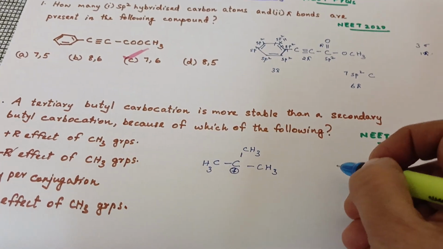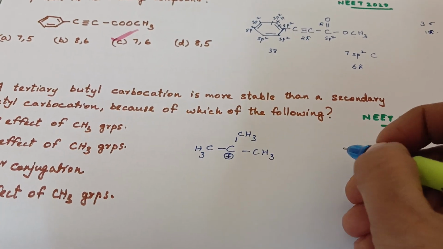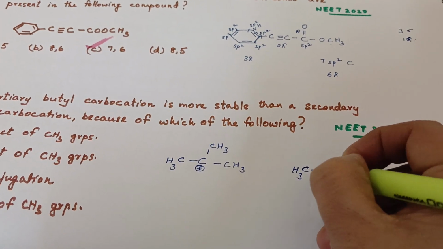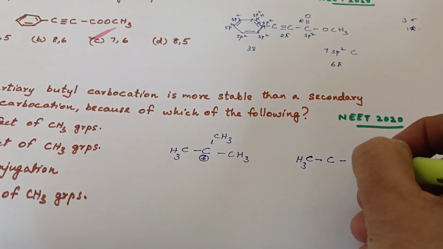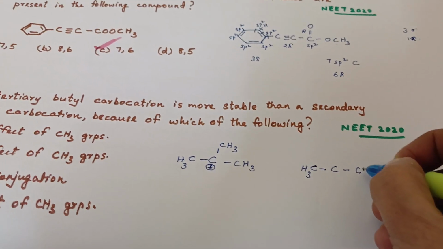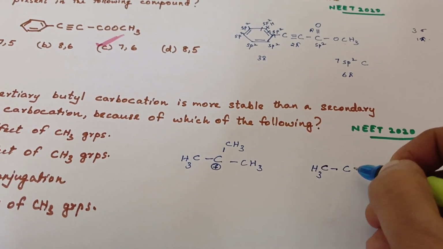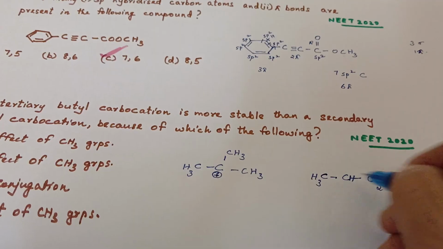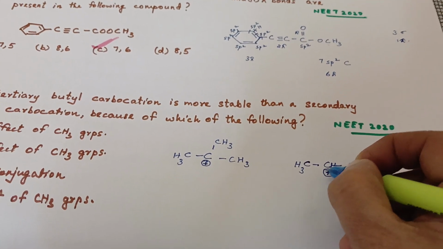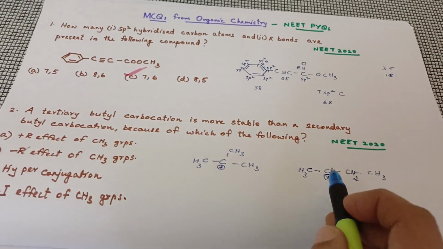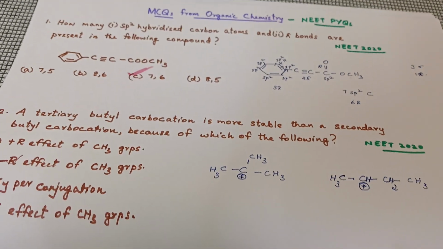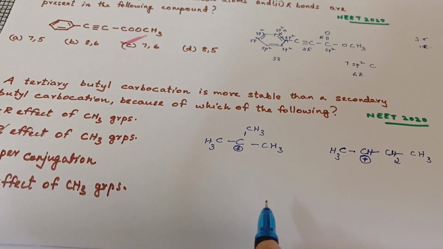And we have a secondary butyl carbocation as well. So let us take it as CH3, CH3 here. And then we'll have a CH2 here and CH. Either way we take, it will be this. So let us give a positive charge here. So these are the positively charged carbons. Now what decides the stability of a carbocation?